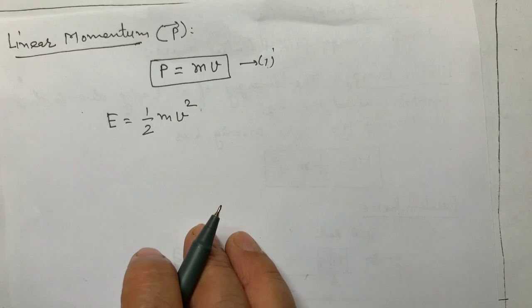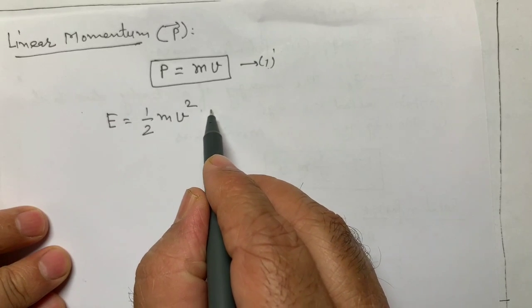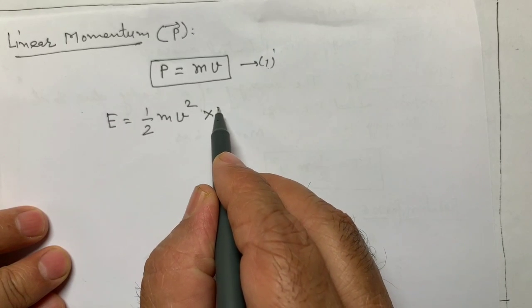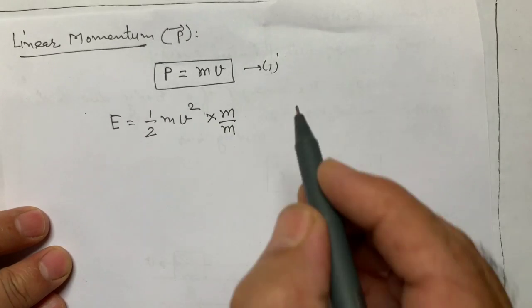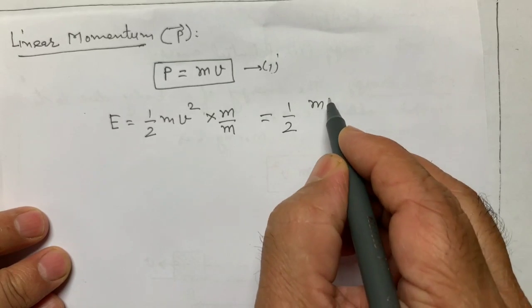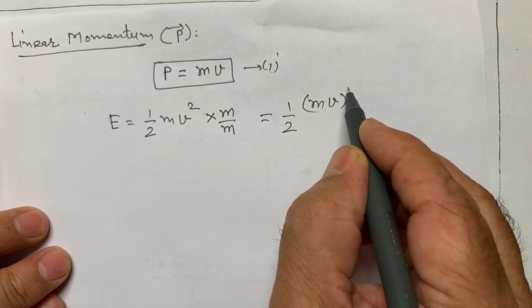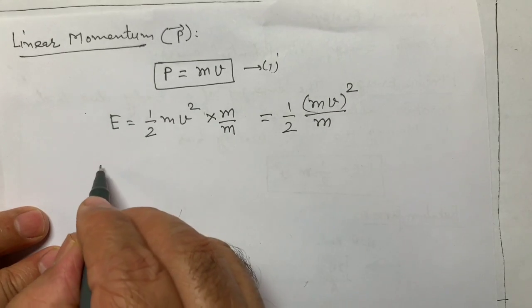Now we want to find out the relation between energy and momentum. What we do here is multiply this relation by m and divide by m. You get half m into v whole square divided by m.